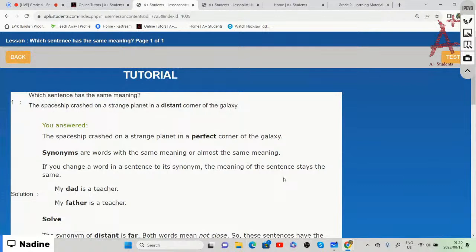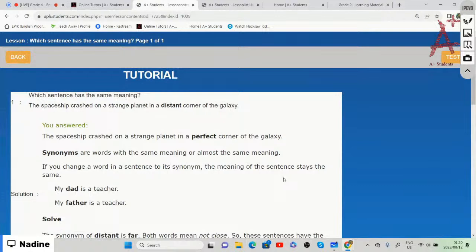Because these two words basically have the same or almost the same meaning.